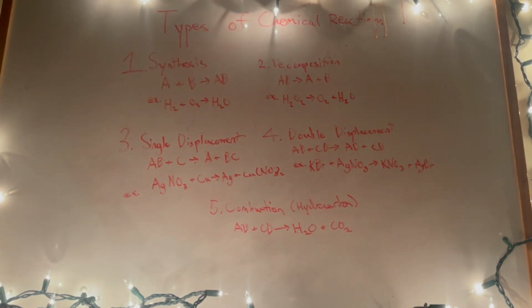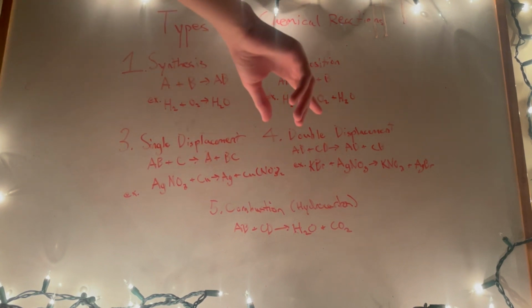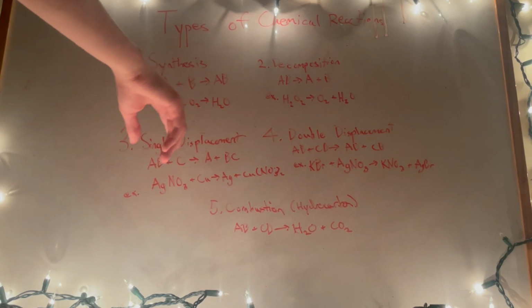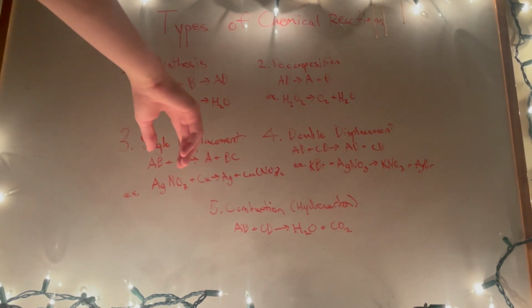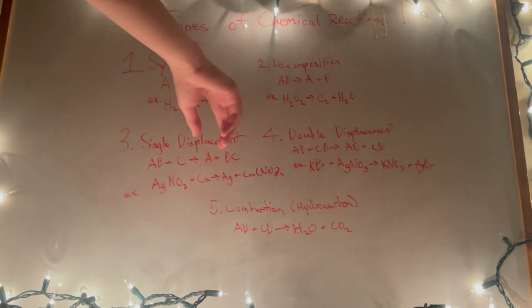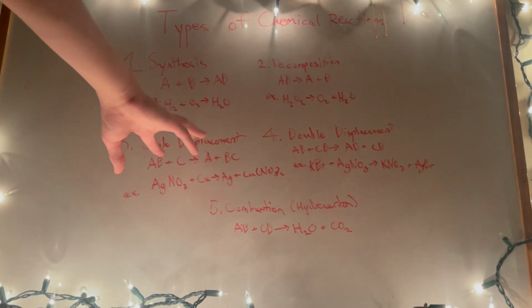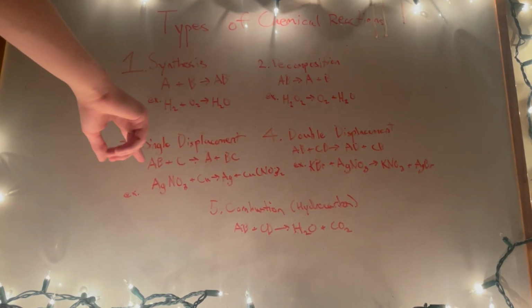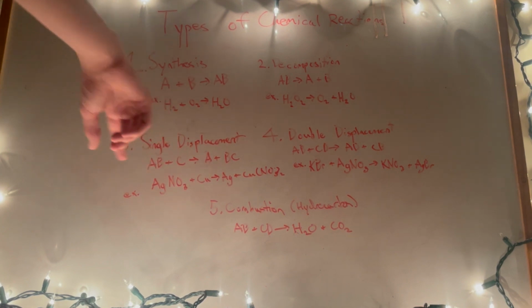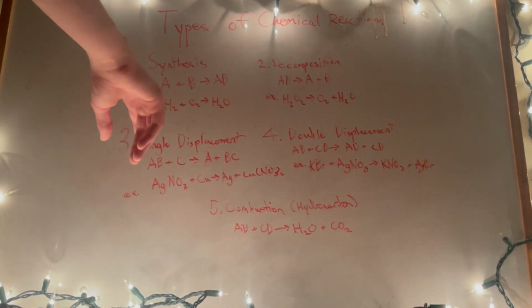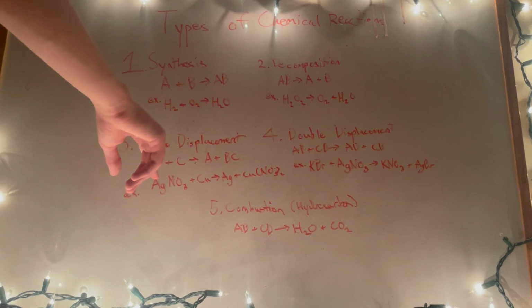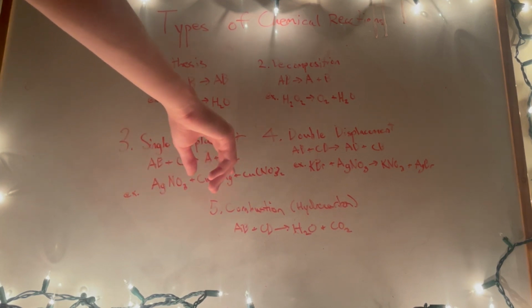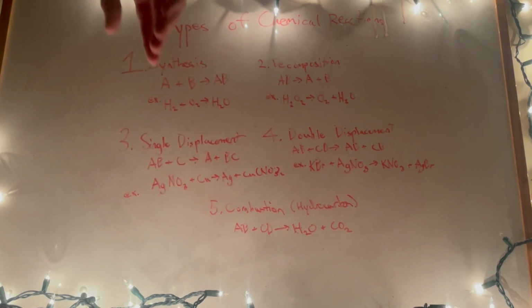And then you have both single and double displacement, and this is just a molecule plus another component will yield a component plus another molecule, and basically one of the elements of one of the molecules switches over to the other element. So an example would be silver nitrate plus copper yields silver plus copper nitrate.